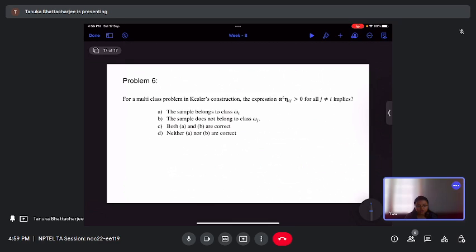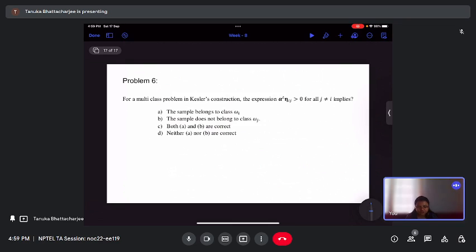So as you know, according to Kessler's construction, when you have alpha transpose eta ij greater than 0 for all j not equal to i, then certainly the sample belongs to class omega i and it does not belong to class omega j. So among class omega i and omega j, we say that the sample belongs to class omega i.